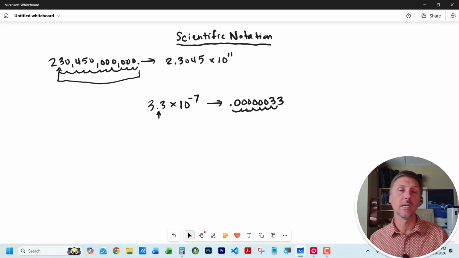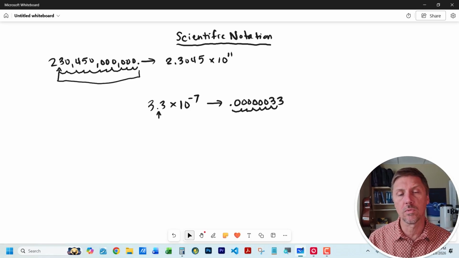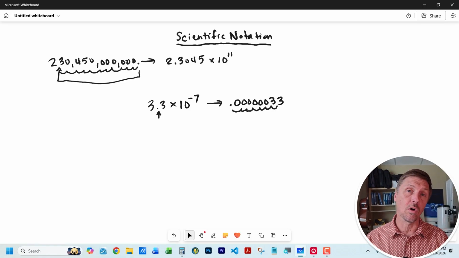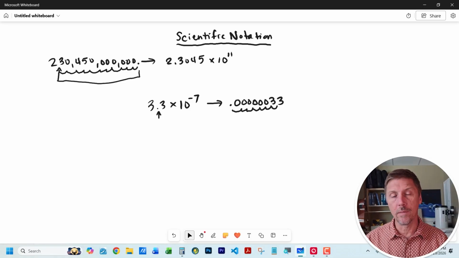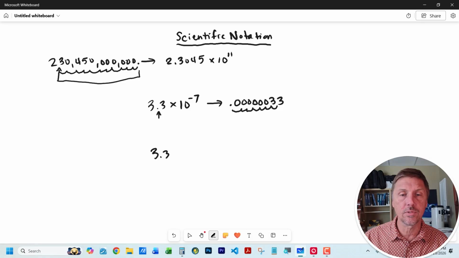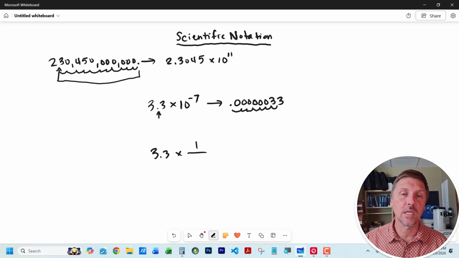So the negative tells me that I've got to go to the left whenever I hop over from the current decimal location. And if it's a negative exponent, that number is always going to be less than 1. What you're literally doing here is you're taking this 3.3 and you're multiplying it times 10 raised to the negative 7 power. Well, what is that? I don't know if you remember this or not, but you learned in some of your earlier math classes that if you take this 10 to the negative 7 and you move it to the denominator, that becomes a positive 7.